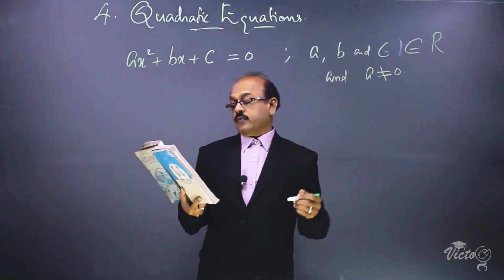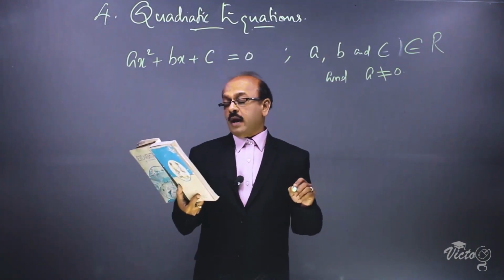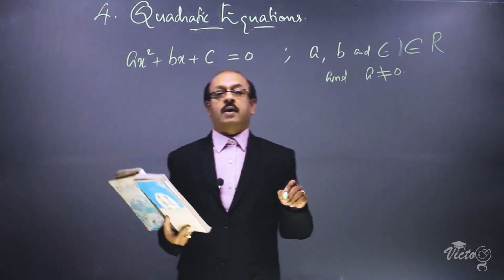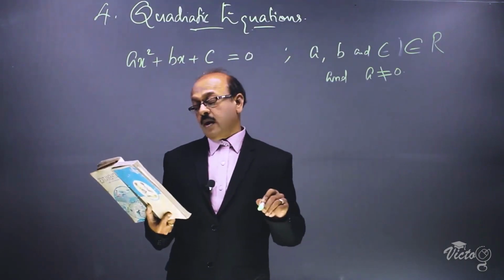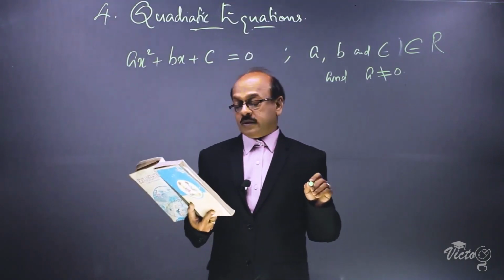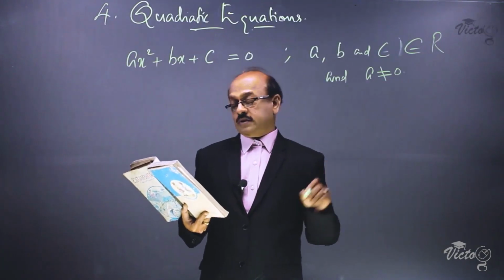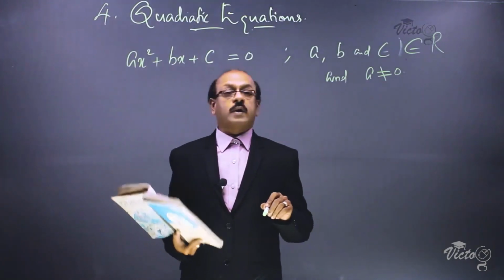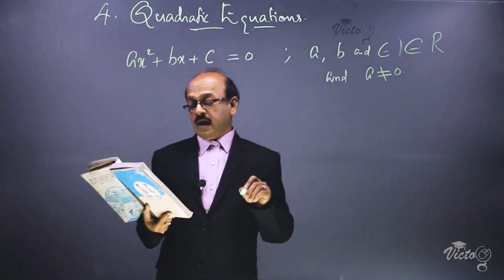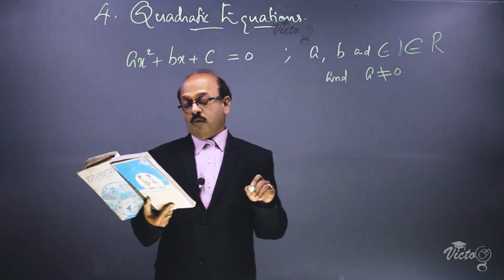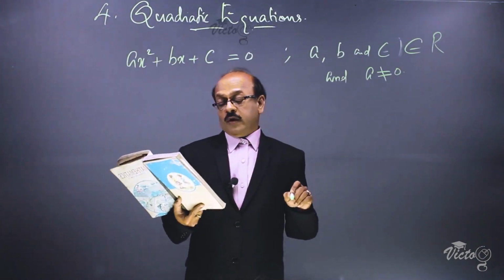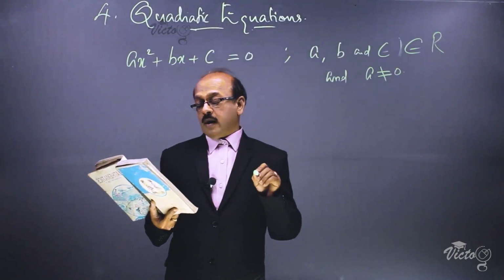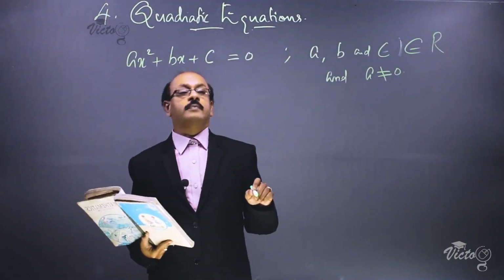The first question is that John and Jivanti together have 45 marbles. Both of them lost 5 marbles each, and the product of the number of marbles they now have is 124. We would like to find out how many marbles they had to start with.